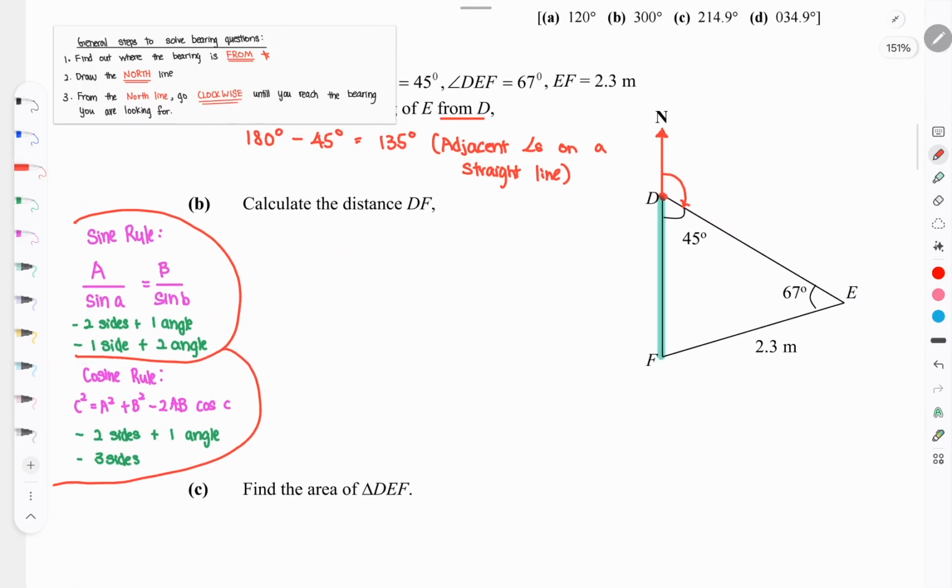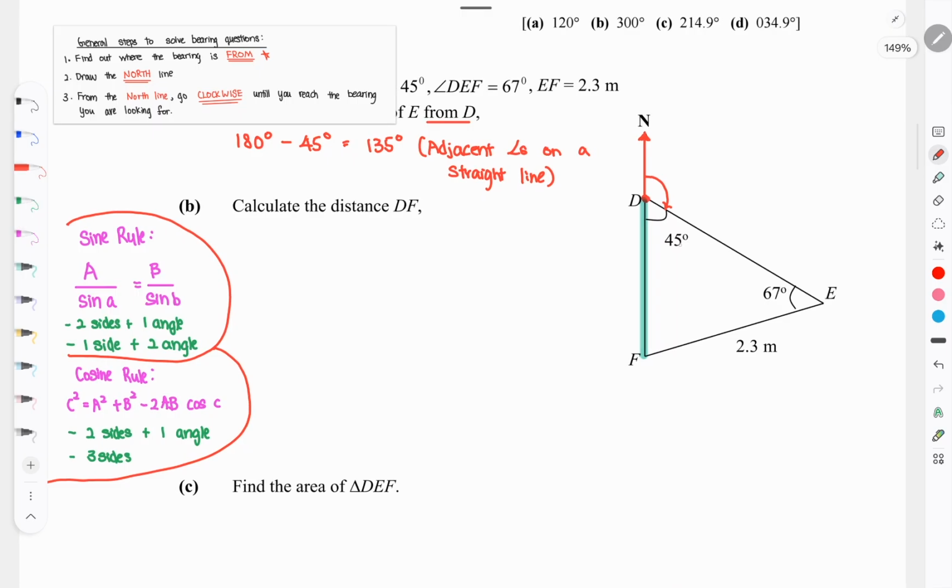Now going back to the question, I have two angles and I have one side. So I have two angles plus one side. The only one that I can use here is actually my sine rule.